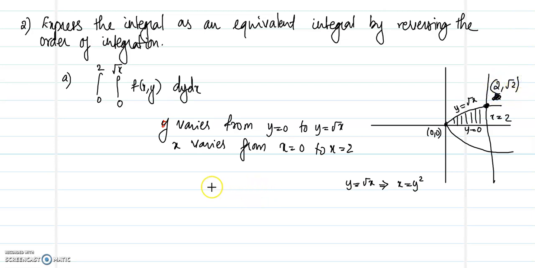Now we need to reverse the order. Now when you reverse the order, we need to take the horizontal line first. We need the variation of x.